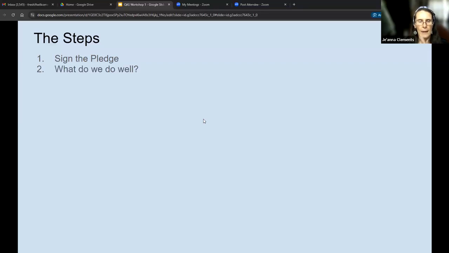But after you've signed the pledge to say that you're going to be overhauling your human rights alignment in your educational practice, the next step would be to think about, what are we currently doing well? What does your family or your micro school or your other practice that you have that works with young people educationally, what is it getting right, let's say, or doing well in terms of human rights?